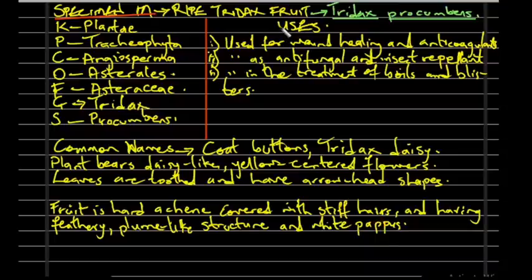Looking at the uses of this particular fruit, it is used for wound healing and as an anticoagulant. It is also used as an antifungal and insect repellent, as well as in the treatment of boils and blisters. These and more are some of the uses of the Tridax fruit.